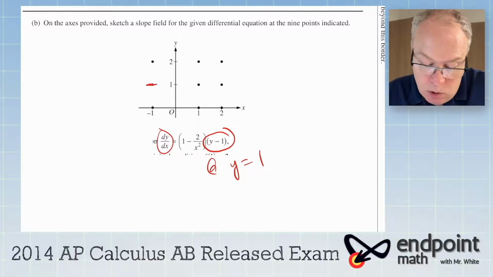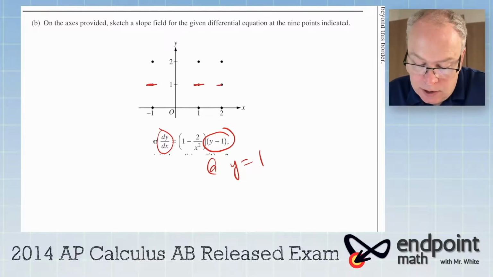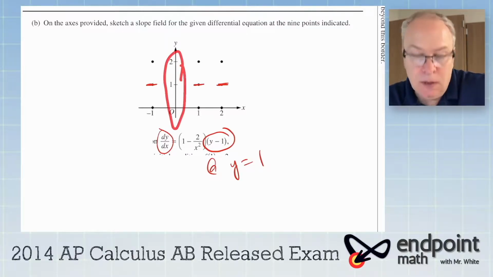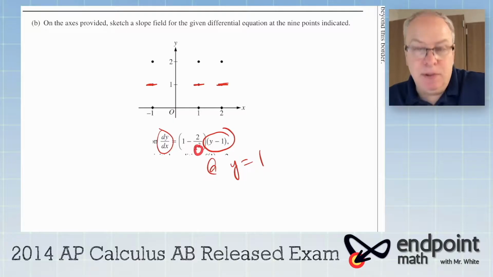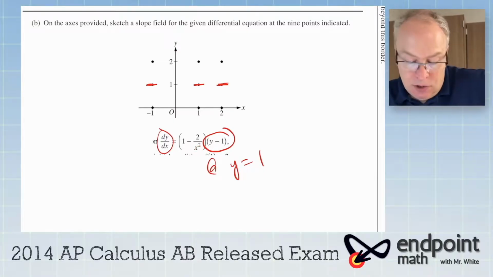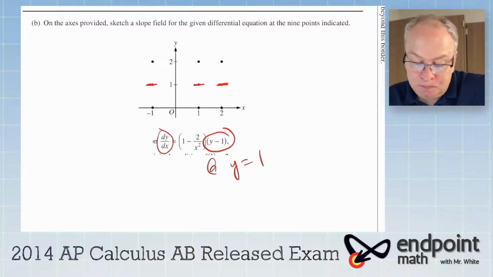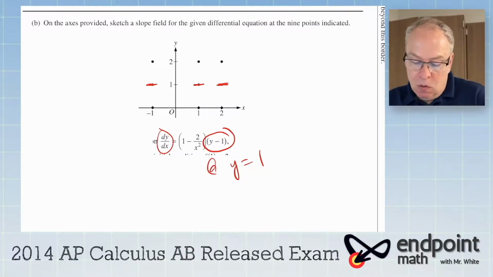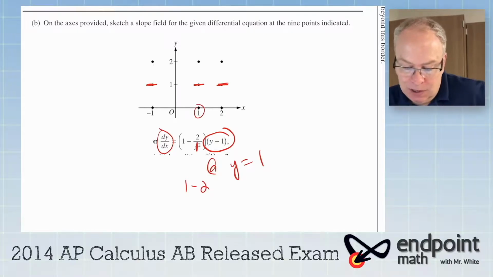So I would put a horizontal here, and here. Now, one question is why aren't there dots here? Because you're not allowed to plug 0 in. It doesn't exist there. So there is no derivative there. Okay, so then let's keep going. What about if we plug x equals 1 and y equals 0 in?